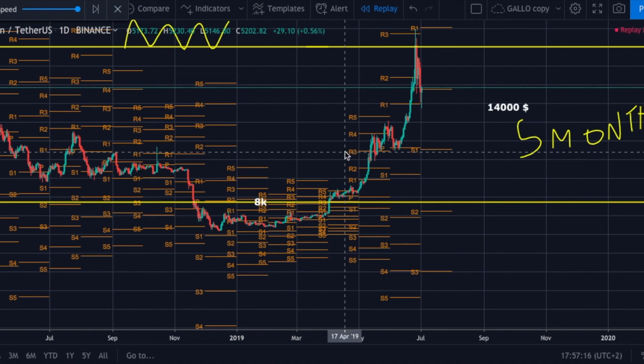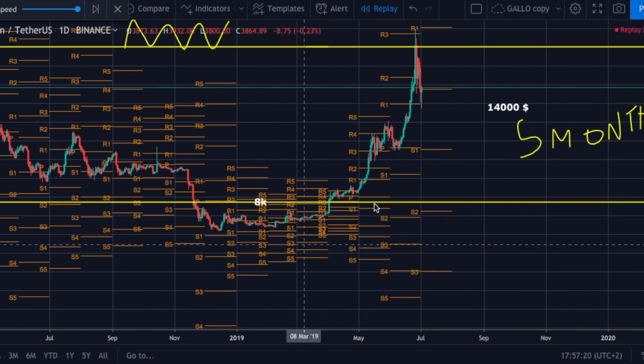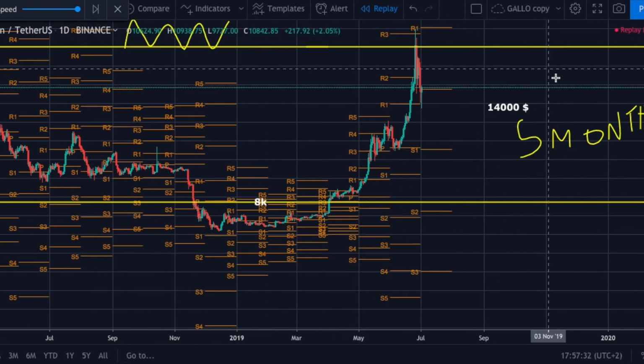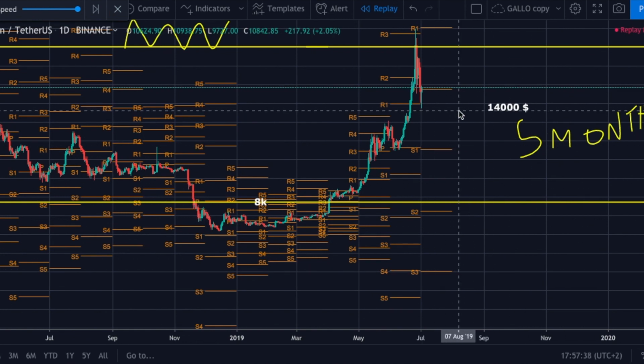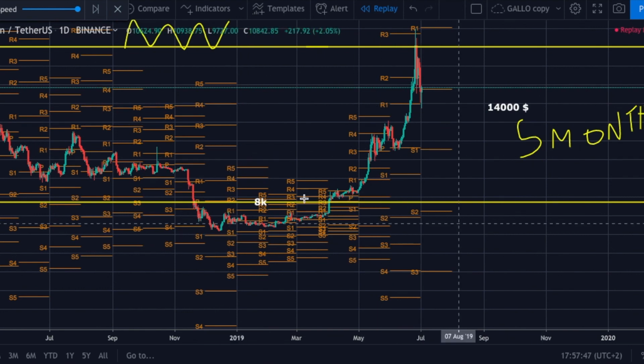I mean, I'm pretty sure you will have lost in 5 months more money in stop losses than holding Bitcoin and making this 170%. I'm pretty sure of that.